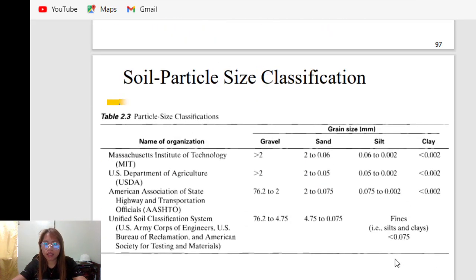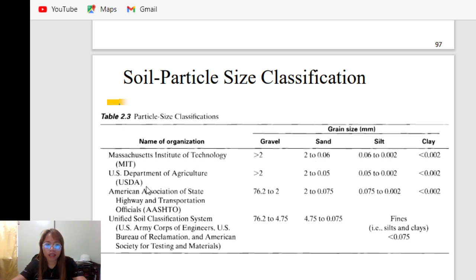So we have this table for the particle size classification of the different organizations or standards. Say we have MIT, the Massachusetts Institute of Technology. They classify the soil according to this standard.